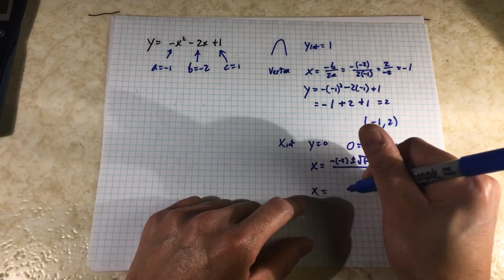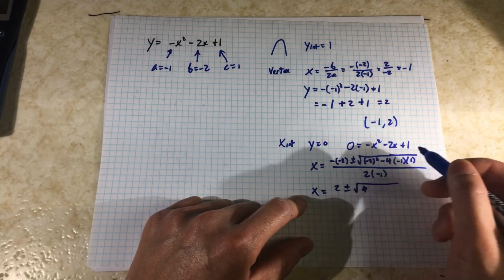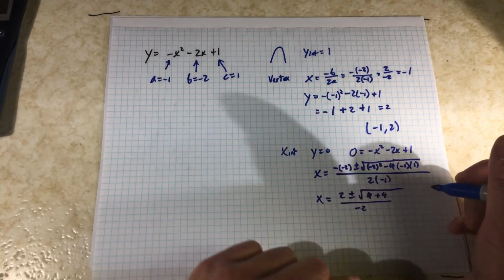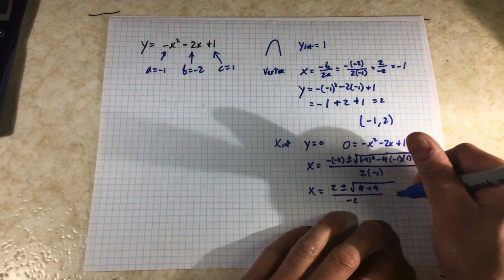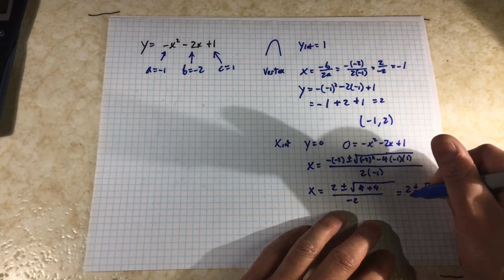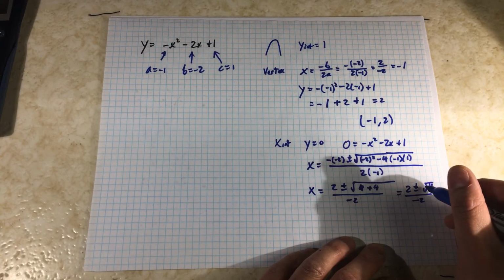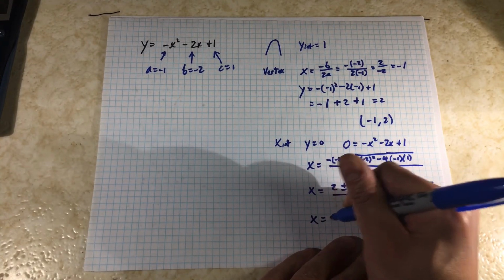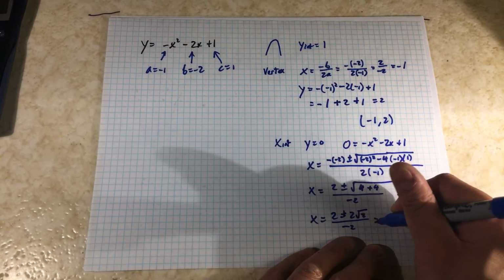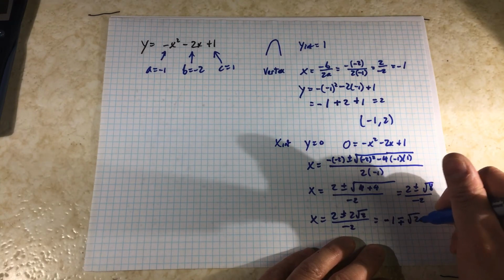Okay, so we get x is equal to 2 plus or minus the square root of positive 4 plus 4 (negative 2 squared is positive), over negative 2. So this is 2 plus or minus the square root of 8 over negative 2. The square root of 8 can be written as the square root of 4 times 2, and the 4 can be pulled out, so this is 2 square root of 2. And when you do this, you get negative 1 minus or plus the square root of 2.